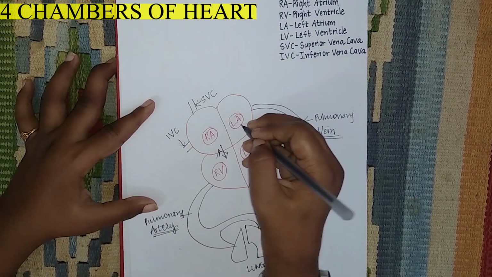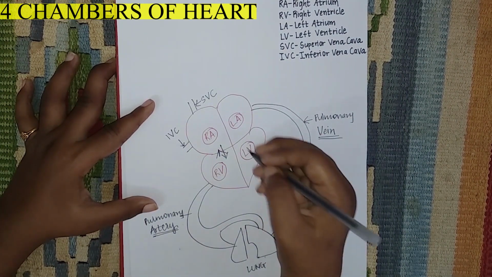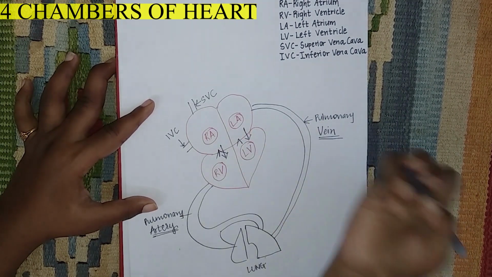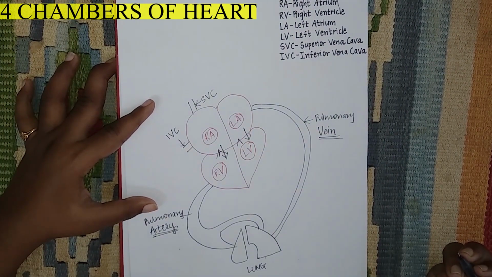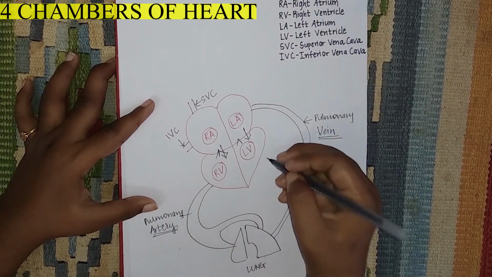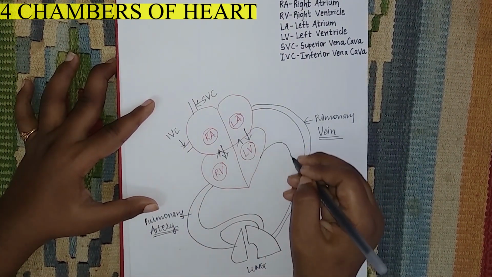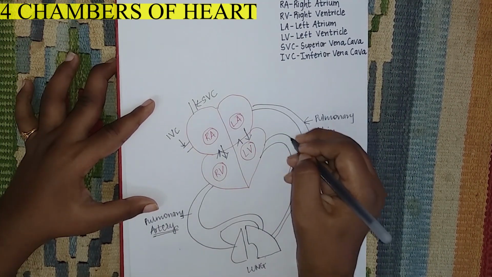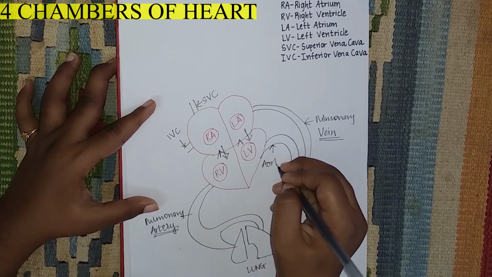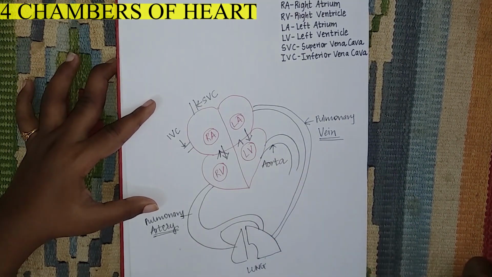From the left atrium, the blood goes into the left ventricle. Here we have the bicuspid valve. And from the left ventricle, the blood is again supplied to all parts of the body through the aorta. So this is all about the 4 chambers of the heart.